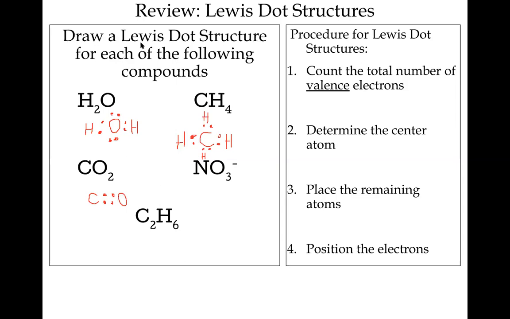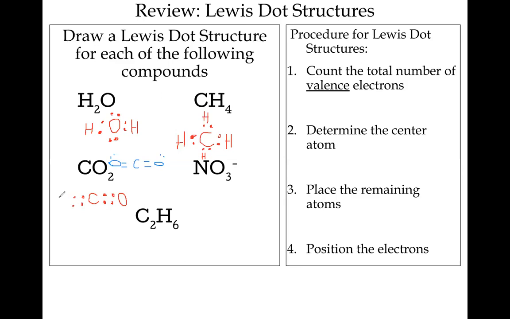Because if we drew carbon out in the stick form, we would write it like that. But for the Lewis dot structure, instead of drawing the double bonds, we'll draw them as these dots.